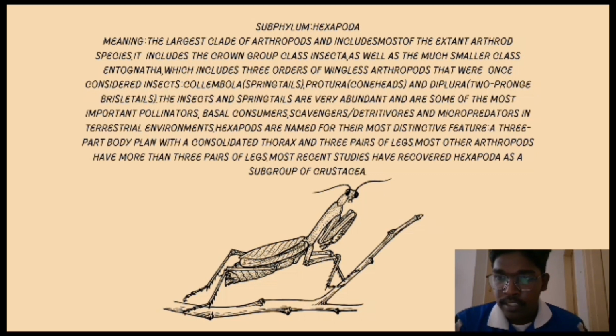Hexapods are named for their most distinctive feature: a 3-part body plan with a consolidated thorax and 3 pairs of legs. Most other arthropods have more than 3 pairs of legs. Most recent studies have recovered Hexapoda as a subgroup of Crustacea.